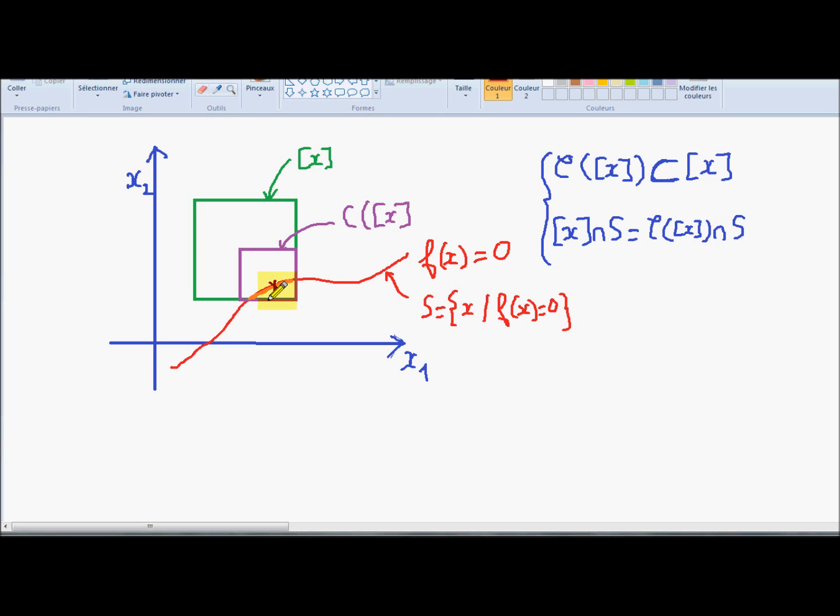In this case, I will say that C is a contractor associated to the set S. Okay, so this is the definition of a contractor.